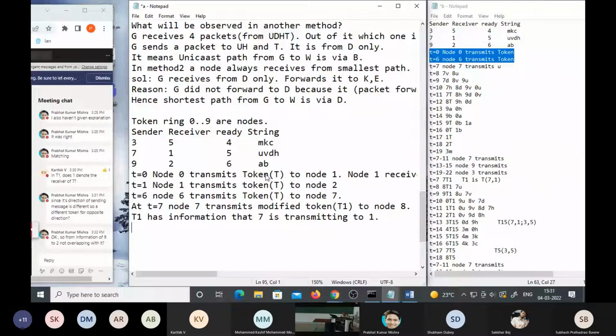Now, at t equal to 8, what will happen? At t equal to 8, node 7 will transmit U and node 8 will transmit T1. Is it correct? Any doubt?